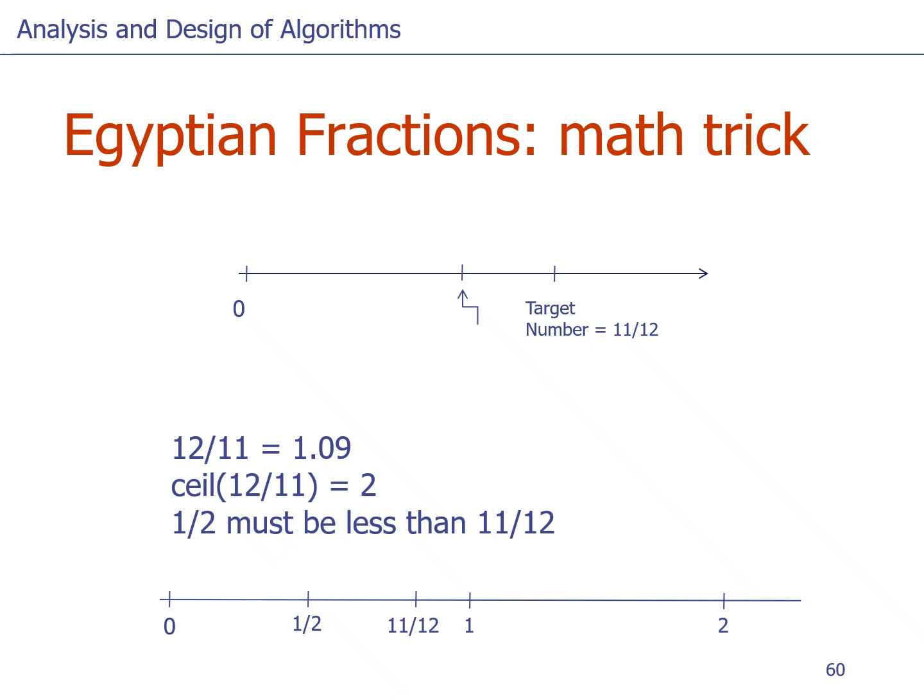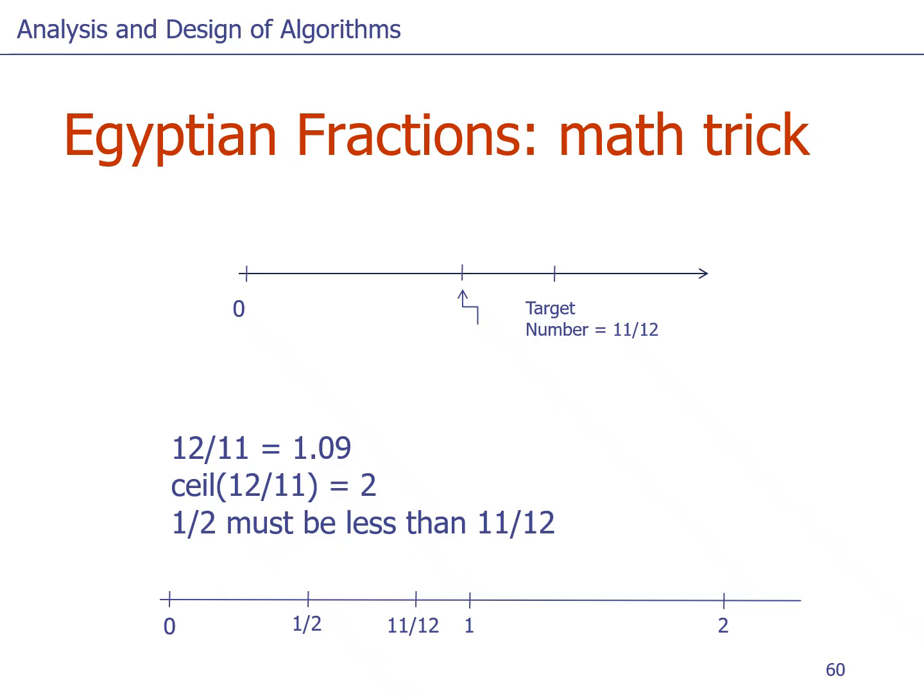So if you keep playing with the target number, you do the following. If my target number is 11 over 12, you reverse it: the numerator becomes the denominator, and the denominator becomes the numerator. So now you divide 12 by 11. You're going to get a number that is greater than 1.